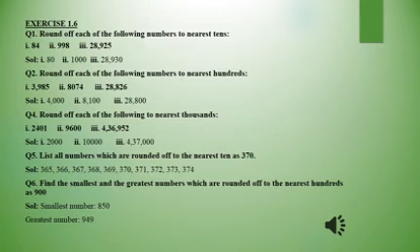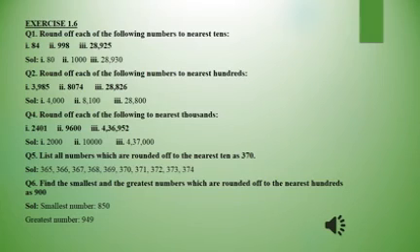So the number nearest to 28,826 would be 28,800. Likewise, in question number 3, we have to consider the last 4 digits, because the question says that we have to round off each of the numbers to the nearest 1000. So consider the last 4 digits.